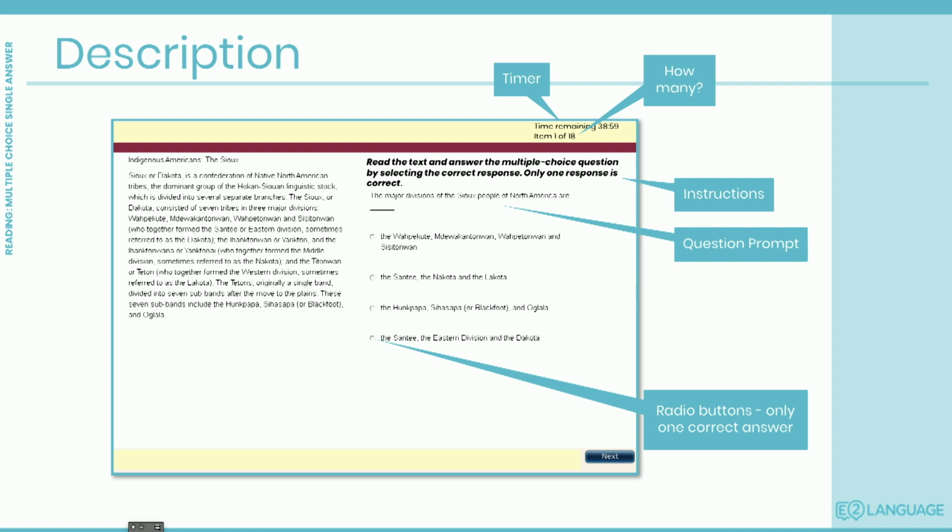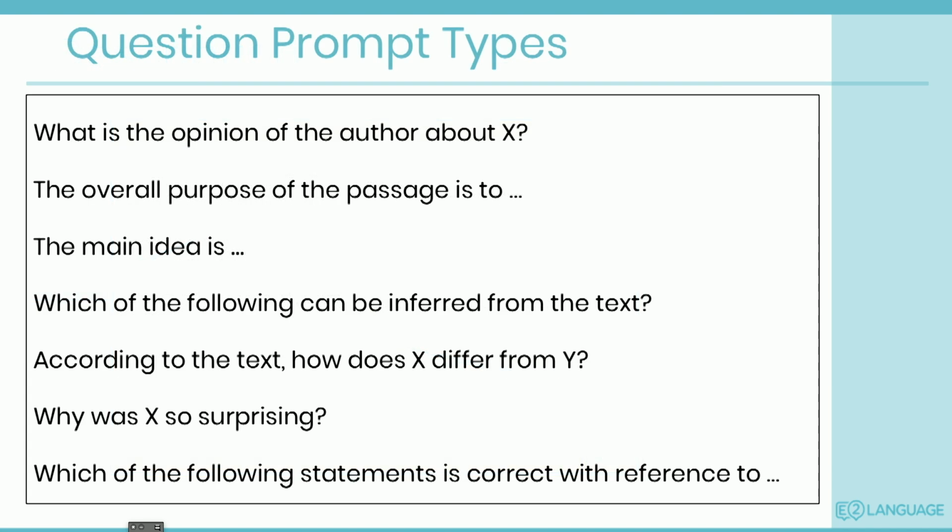Critically, there's a question prompt. We're going to be talking about this in this extended methods lesson. And of course, you have a text which you need to read deeply. There are different question prompts that you'll see on test day for each of the texts. For example, it might say something like, what is the opinion of the author about X? Maybe it will say something like, the overall purpose of the passage is to what?